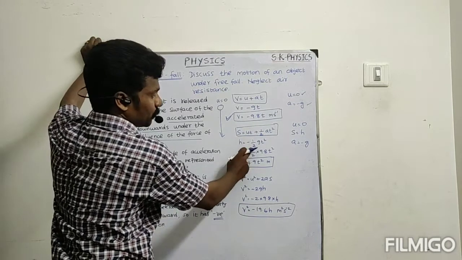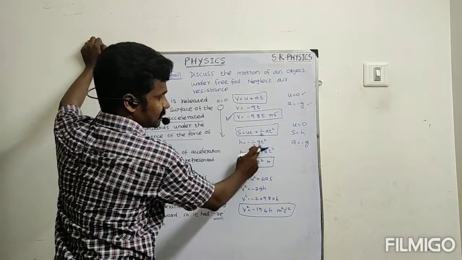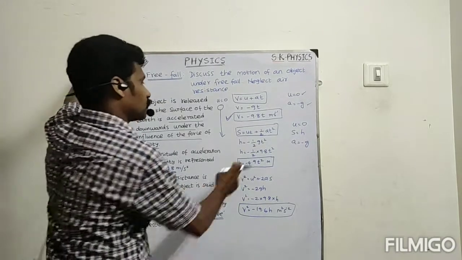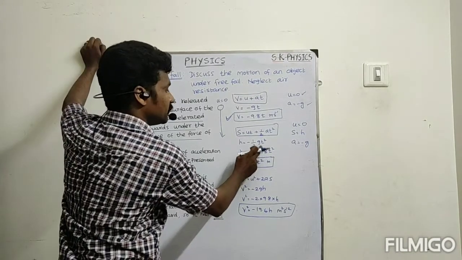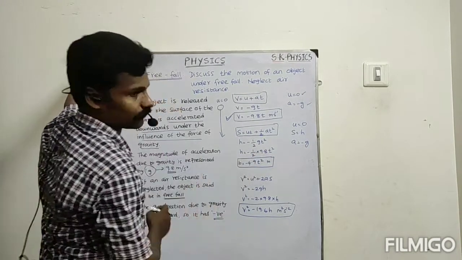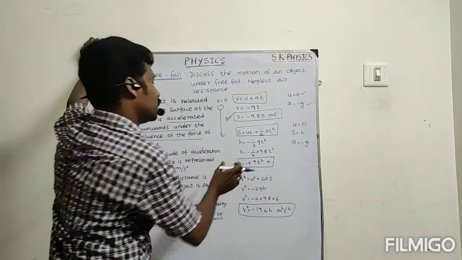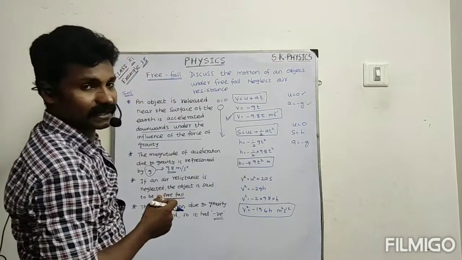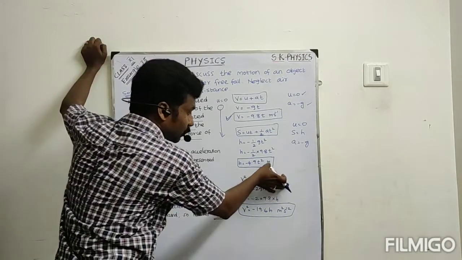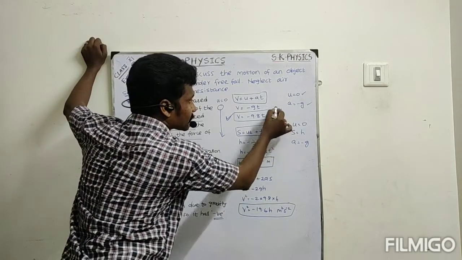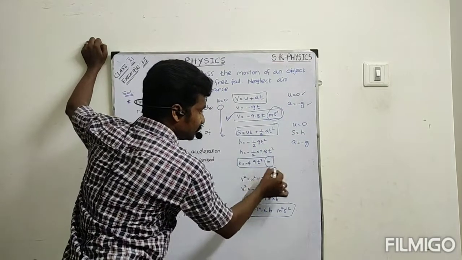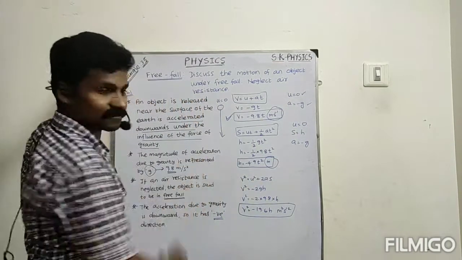So 1 by 2, a is equal to minus g, into t square. So minus 1 by 2 into the g value 9.8, then t square. So 9.8 by 2 is 4.9. So h is equal to minus 4.9 t square meter. It's very important, meter. Here the unit was meter per second. Here the unit is meter because it's a height.